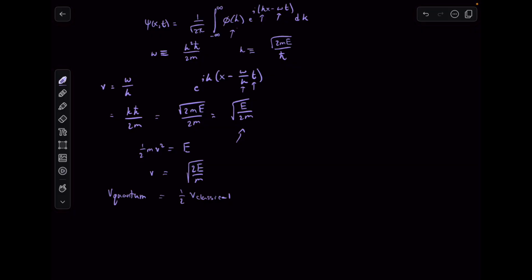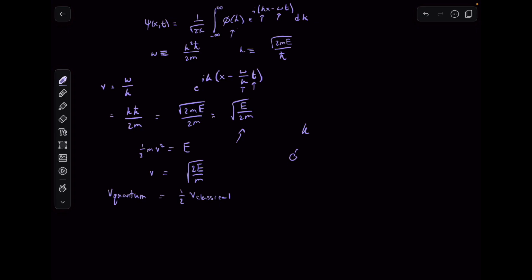It's like we're saying what's the speed of this particular wave at some value k, but that's not quite what we want. We actually want whatever encompasses that entire range of k values.